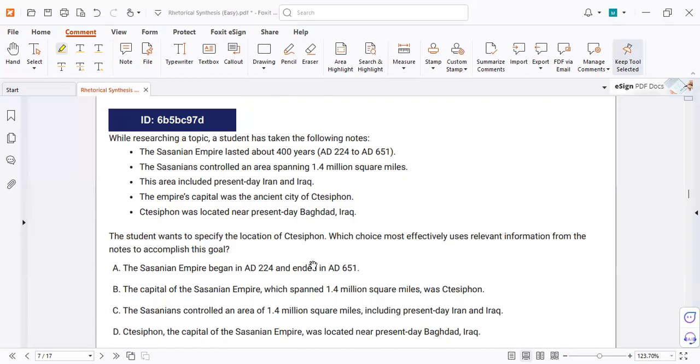What does specify mean? Specify means make it specific, to give me specific information. Okay.